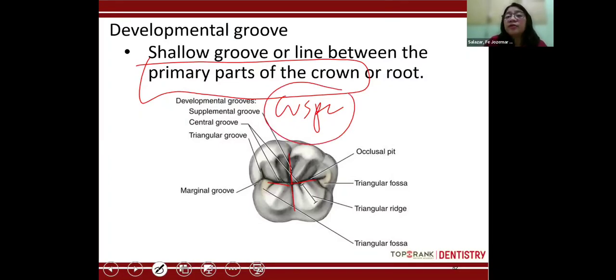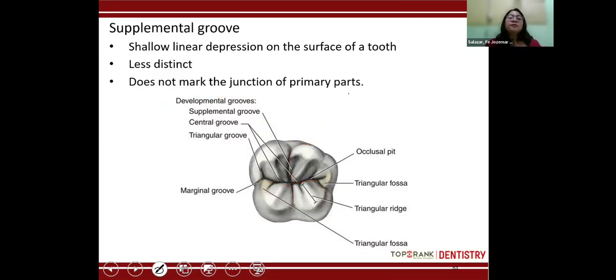They could also be found on roots, but more commonly between your cusps. Now, supplemental groove, this is a shallow linear depression on the surface of a tooth. They are less distinct and they do not mark the junction of your cusps or your primary parts.